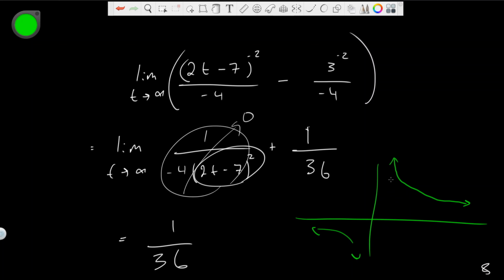The discontinuity, I think we established, was at 7 halves. But we are going from 5 to infinity, so we are looking at this area, and this area converges to 1 over 36. Wonderful. This obviously is not drawn to scale at all, but our integral converges.